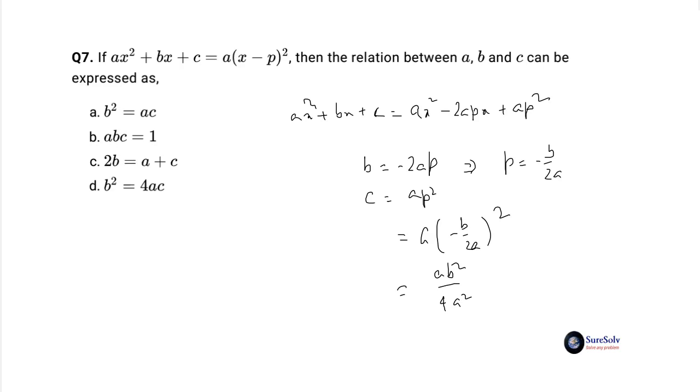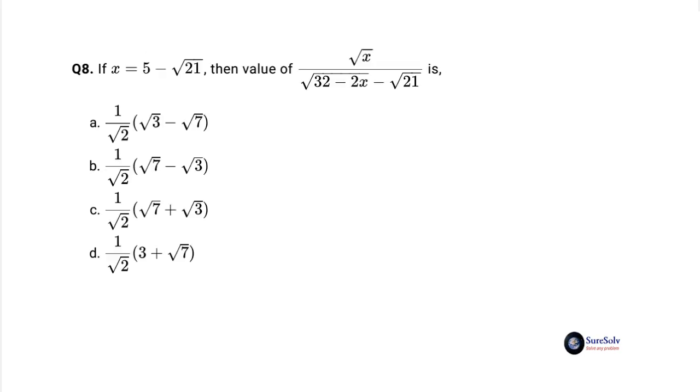A cancels out. Finally, this results in b square equal to 4ac. So option D is the answer. B square equal to 4ac. Answer option D. The problem can easily be solved in mind. Let's solve the next question.